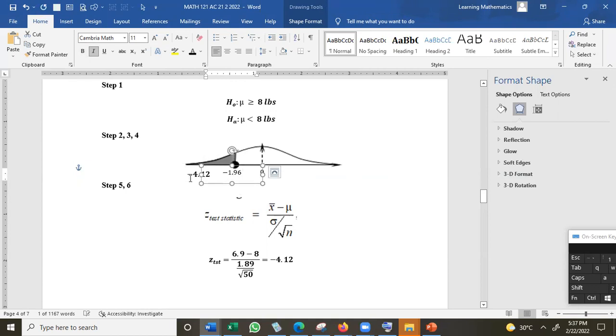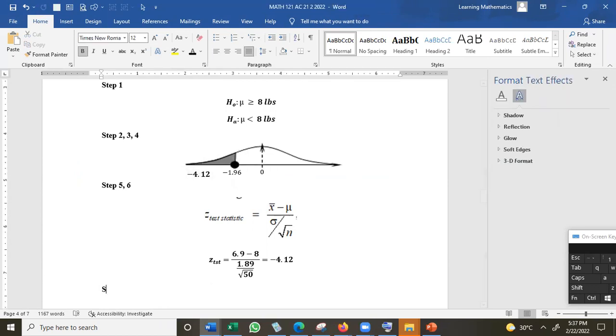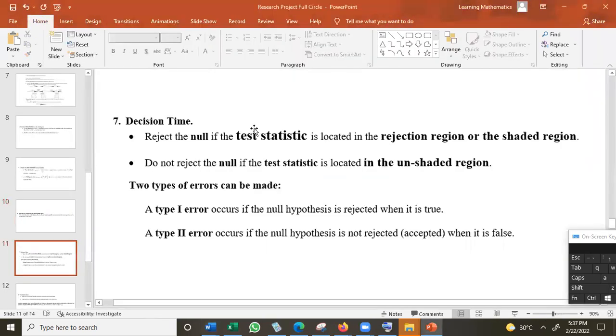And look at where our test statistic is. So what will be our decision in step number 7? Remember, the decision criteria says reject the null if the test statistic is in the rejection region. Do not reject the null if the test statistic is in the unshaded region.